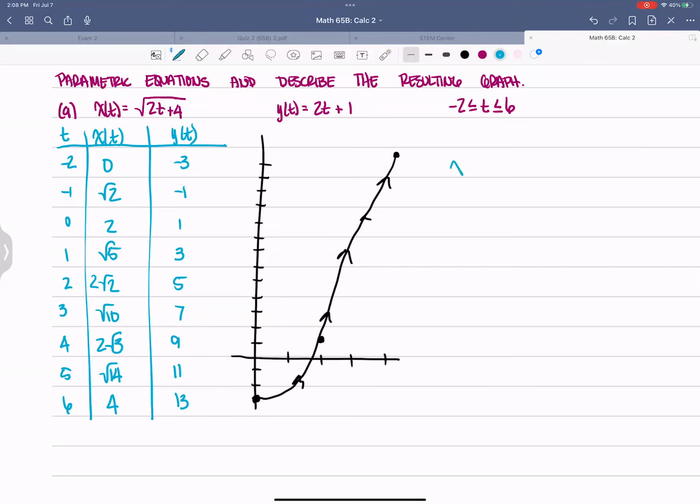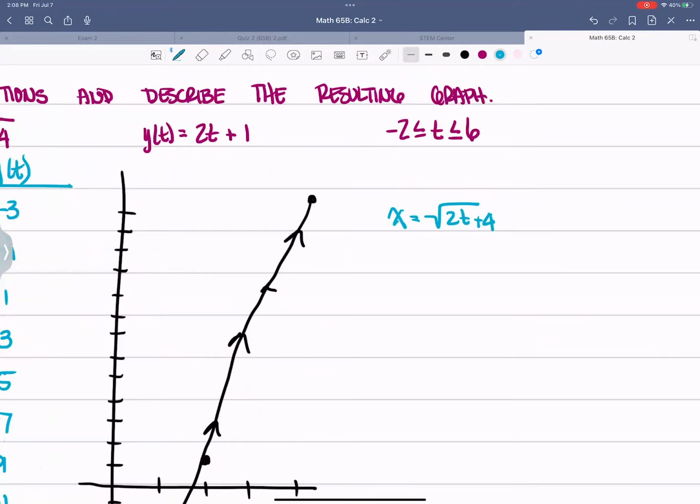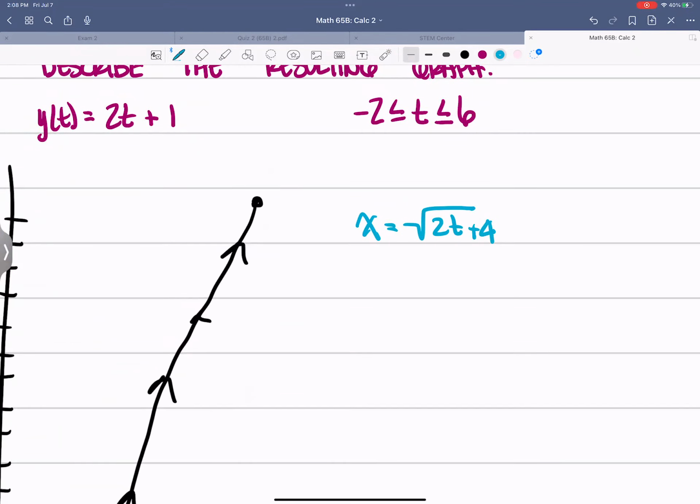We have x is equal to the square root of 2t plus 4. And solving for t, we have x squared is equal to 2t plus 4. And t is going to be equal to x squared minus 4 over 2.